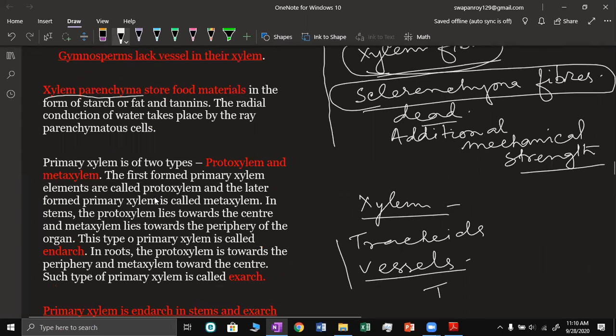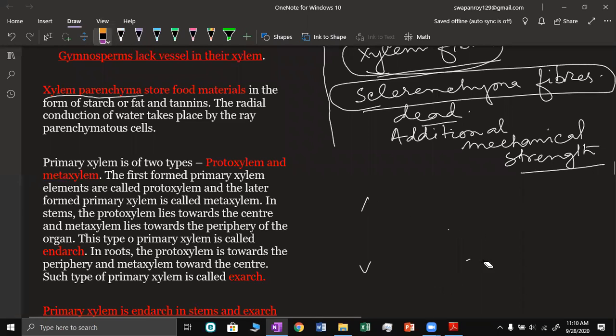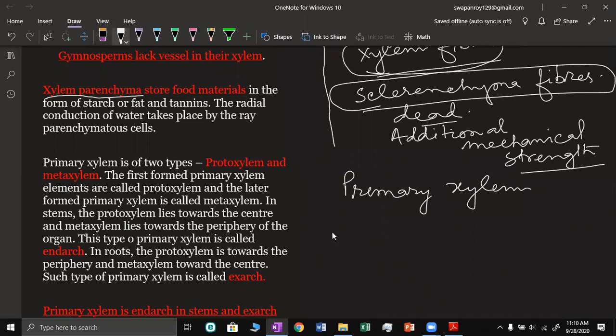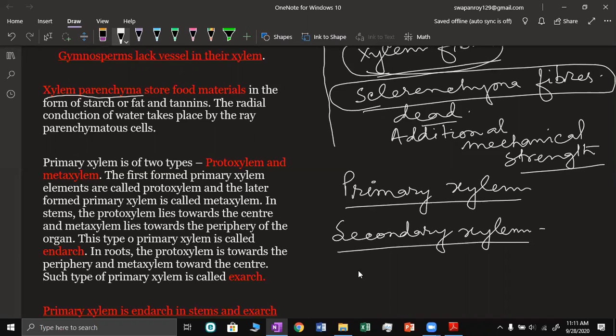Another thing: xylem tissues are of two types, primary xylem and secondary xylem.